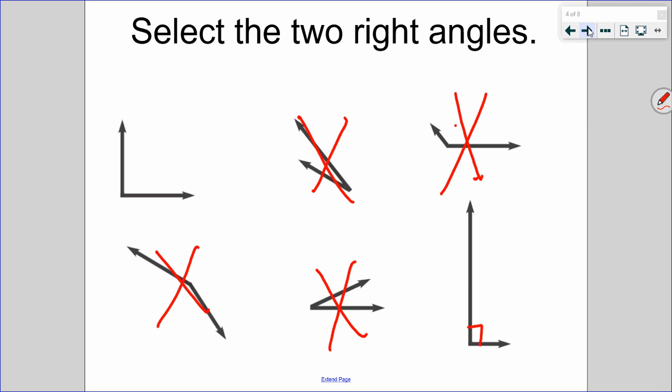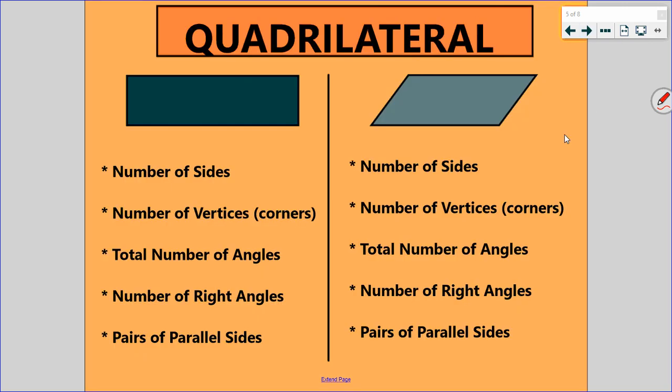Good job. So let's look at these quadrilaterals that we have. We're going to compare these two and put into practice thinking about our angles. How many sides do you see on this rectangle? 4. How about over here on this quadrilateral, or parallelogram we like to call it?